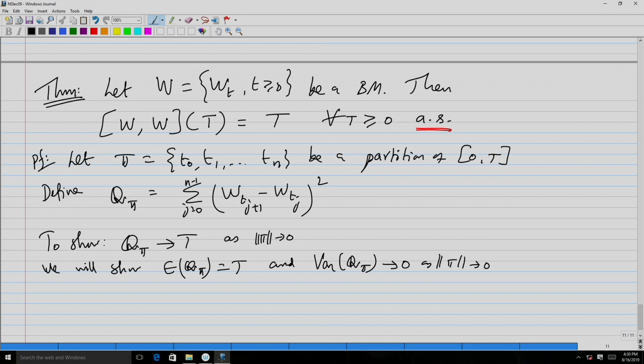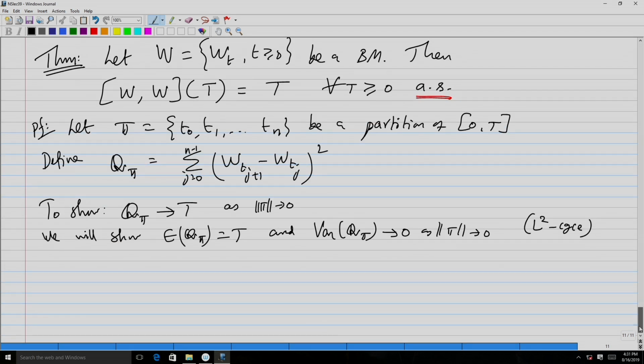So, whenever this convergence takes place, there is a subsequence along which the convergence is almost sure, and hence we can infer from that. So, we will not worry about that, we will just show this. Okay. Essentially what we are proving is L2 convergence. This is only for the more technically oriented, otherwise you do not worry about it. Okay.